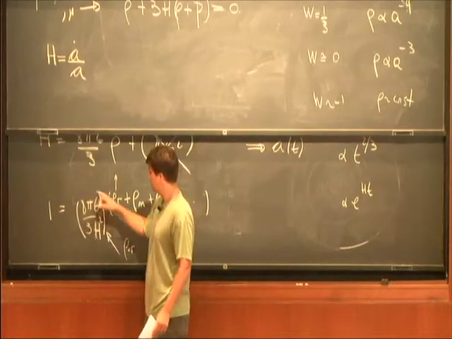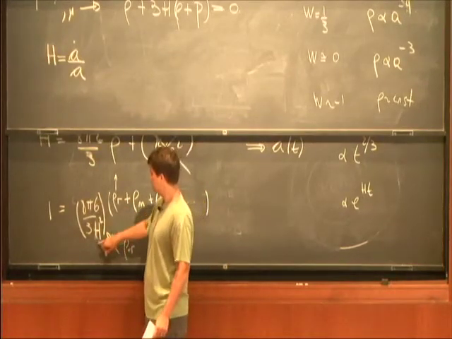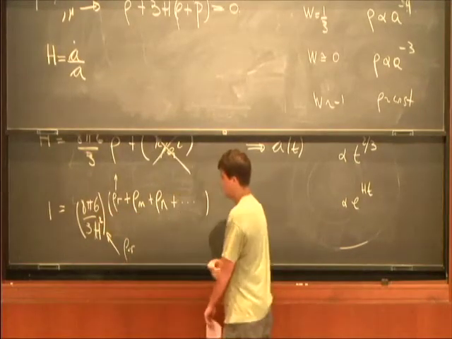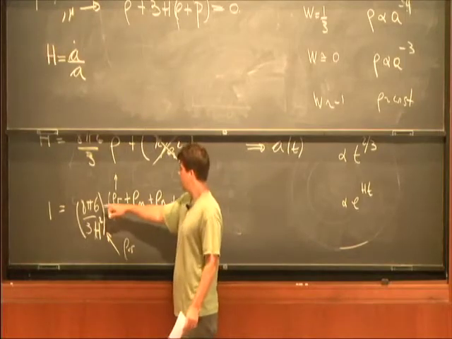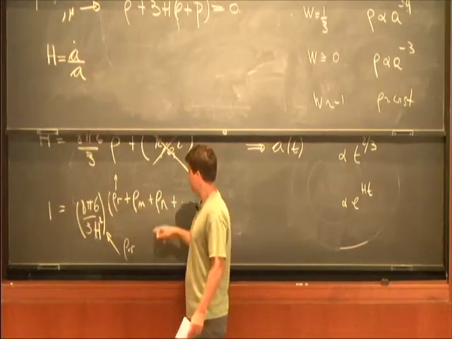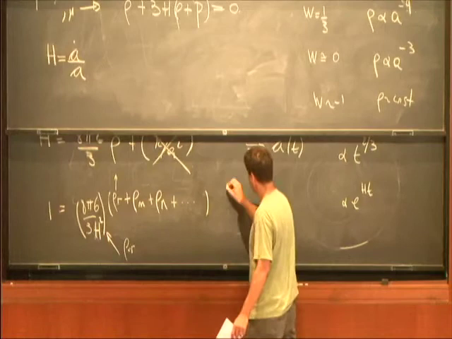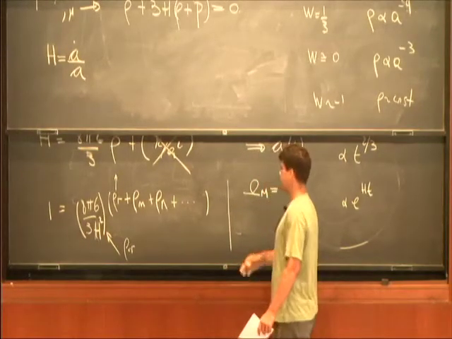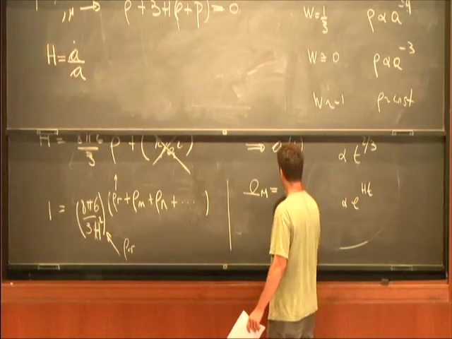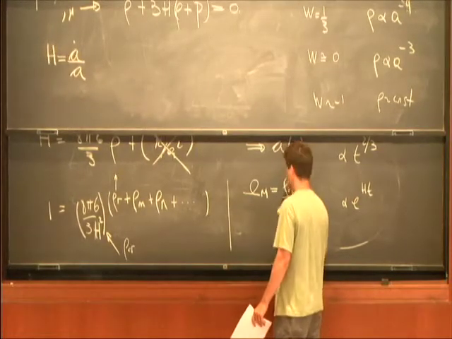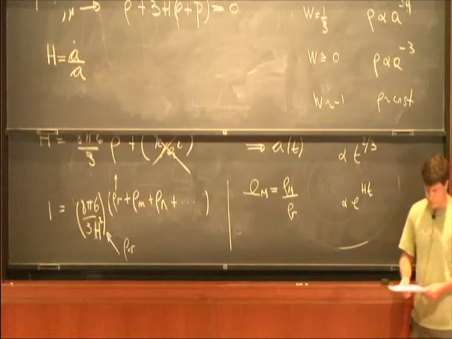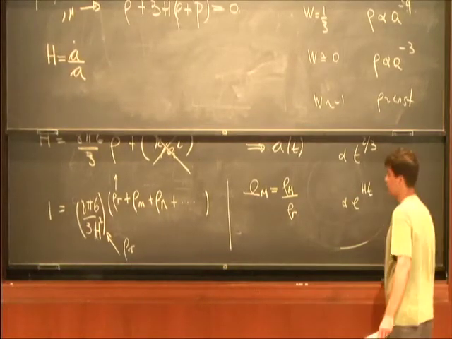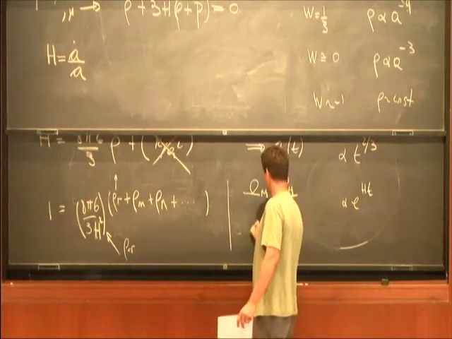It's just the typical density that you can make up by using Newton's constant and the Hubble parameter. The ratios of the different components to rho critical are called omegas. So, for example, omega matter is rho matter over rho critical, etc. And by definition, because I just divided by H squared, all of these omegas add up to 1.